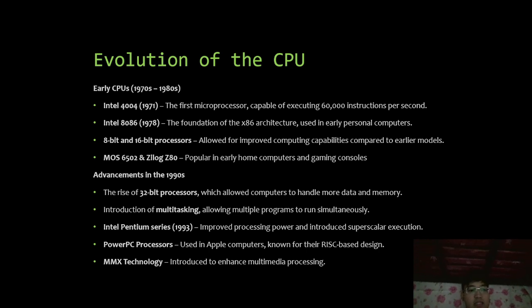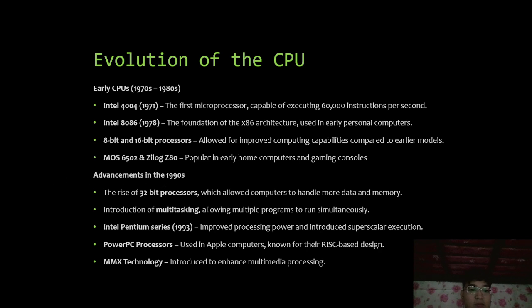Next po is 8-bit and 16-bit processor allowed for improved computing capabilities compared to earlier models. Next po is MOS 6502 and Z80 po. Popular in early home computers and gaming console.